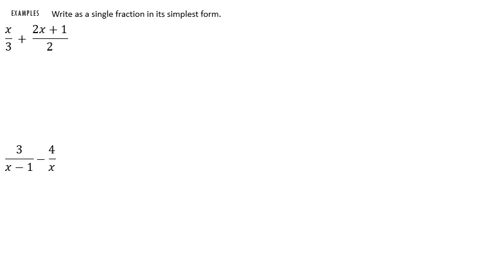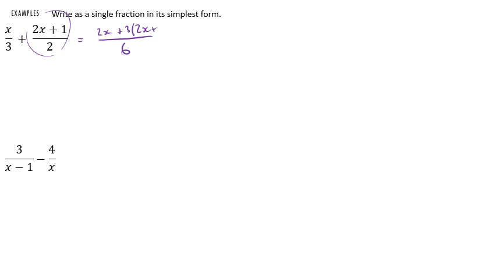So in this first example, we've got x over 3 plus 2x plus 1 all over 2. So we need to find a common denominator for these. The lowest common multiple of 3 and 2 is 6. So we need to multiply the first fraction by 2, which will give us 2x on top. We need to multiply the second fraction top and bottom by 3.